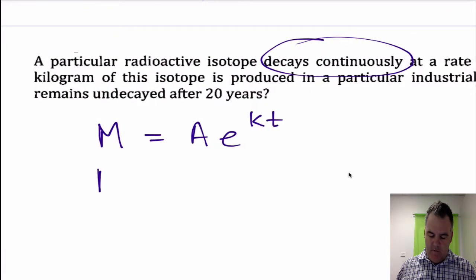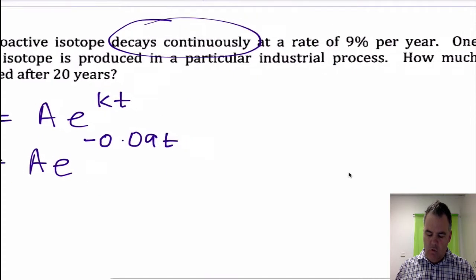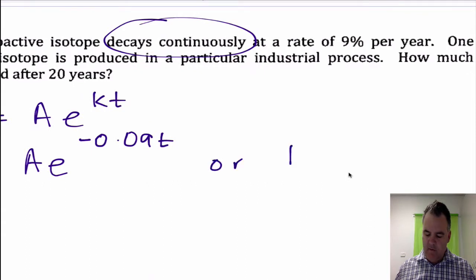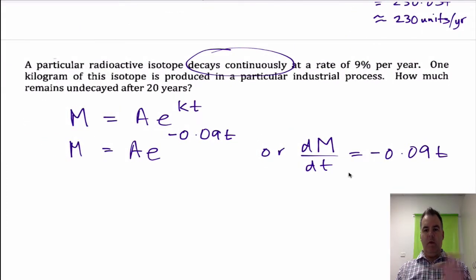So M is A e to the negative 0.09t. Or you could say it like this: dM/dt, the rate of change of M, is equal to negative 0.09M. You should be familiar with going through that one on the right and that one on the left. That's a solution to that one there.